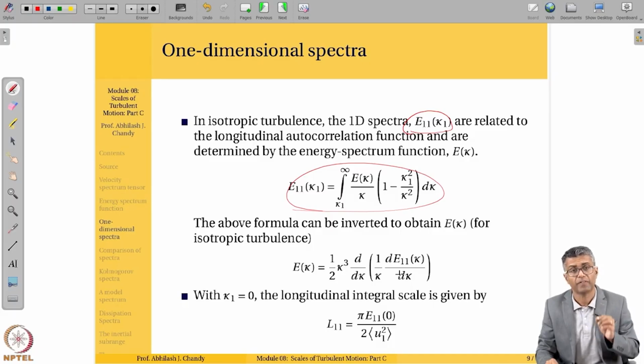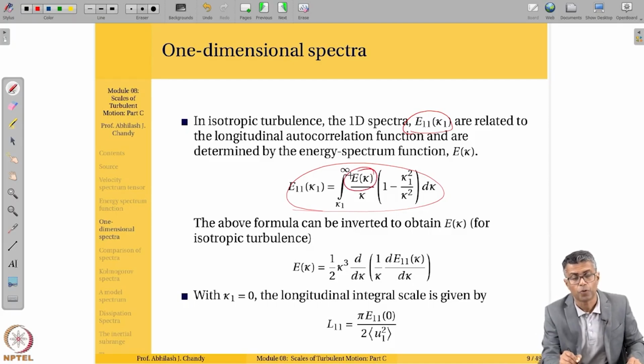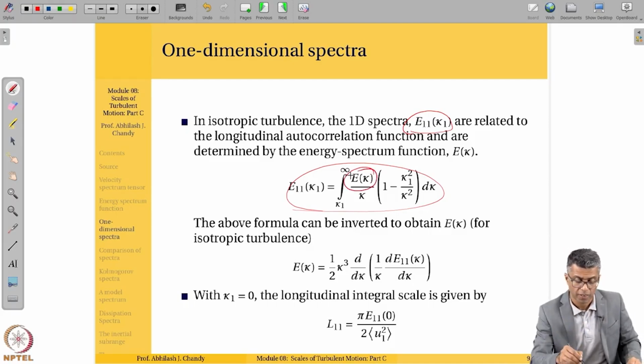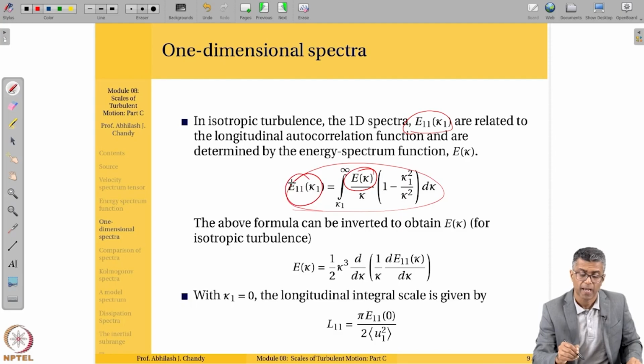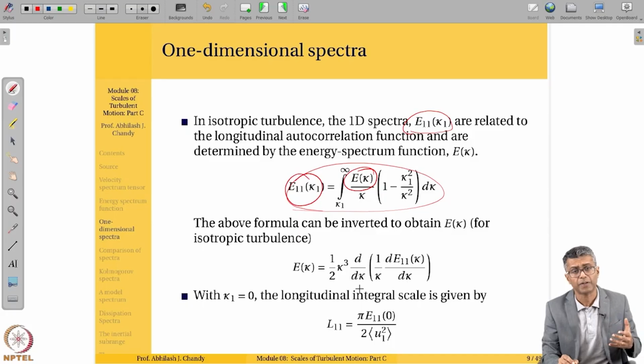Here we have E11 for a single component. The derivation wasn't shown here. E11 can be expressed in terms of E kappa, the energy spectrum function. This is the 1D spectra. And then from this equation, you solve for E kappa by taking the derivative of the 1D spectra.